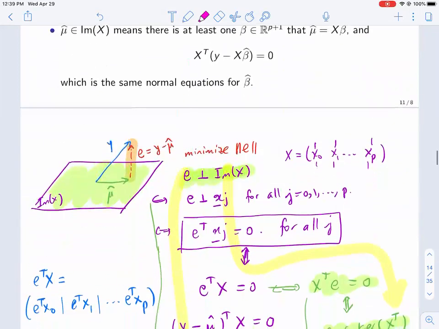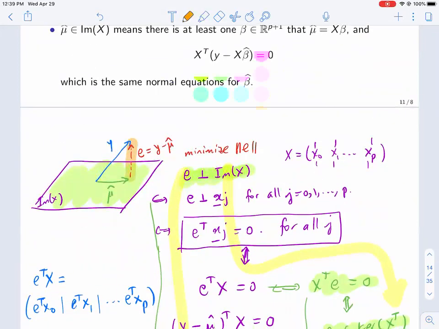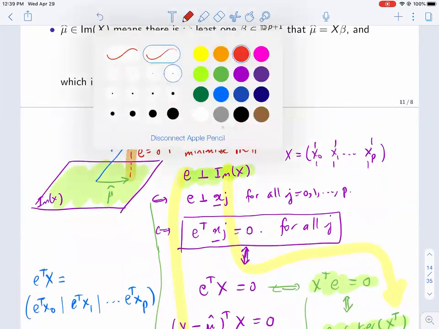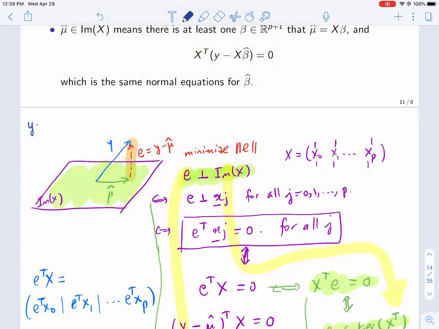So we expect mu to be here. Sometimes I write a star here. So this is the true mu. The true mu vector is somewhere here.